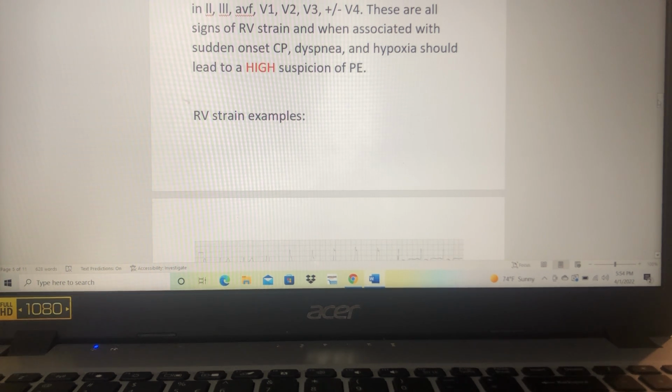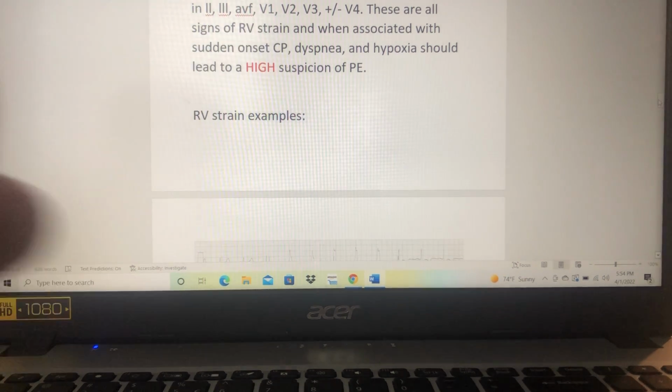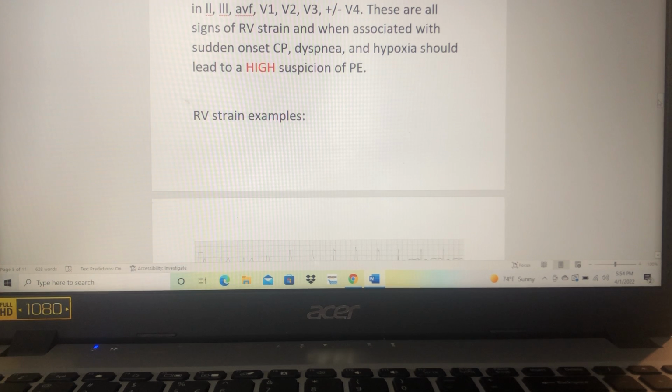So if you have what I call the trifecta, right axis deviation, a right bundle branch block, and T wave inversion in those leads, and if I have V4, I'm really concerned. Those are all signs of the RV, the right ventricle, being strained, especially if it's a sudden onset.